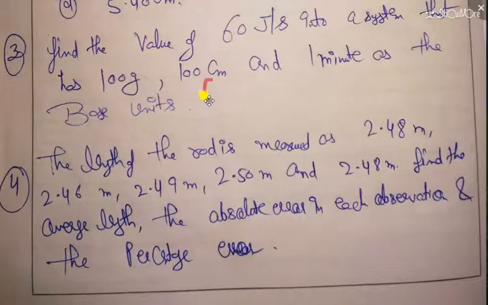So here we will write 60, and here we will write, let's suppose 1, because I have to find it. So I will simply write 1 here, like I had written 9 here. So here I will write it is 60 joule per second.